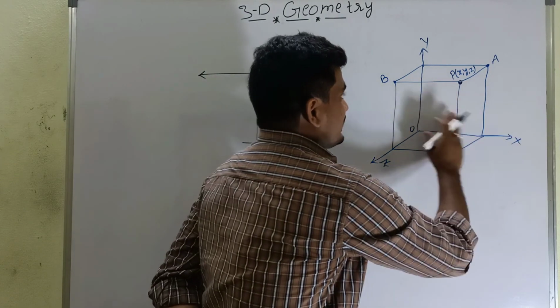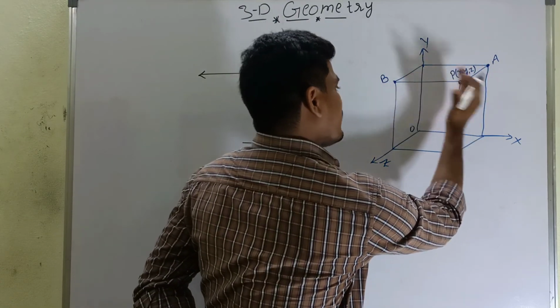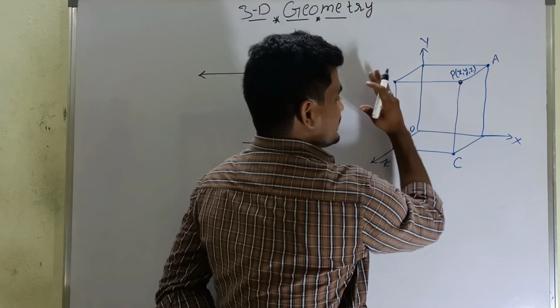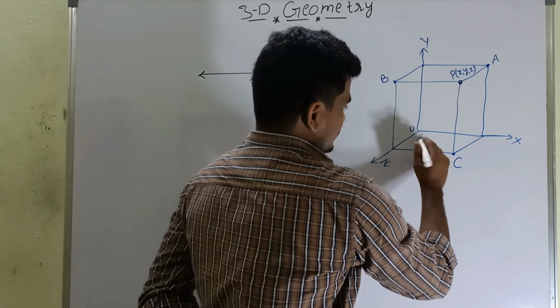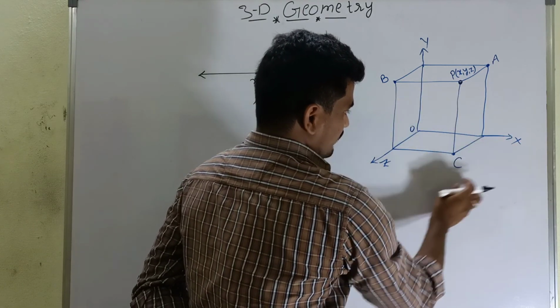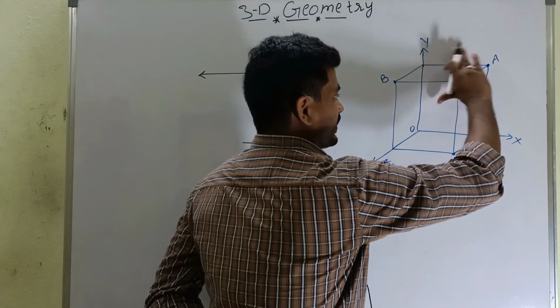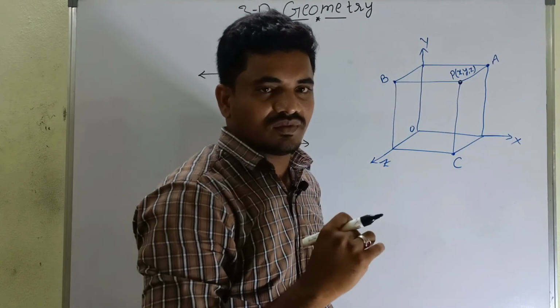Okay, the xy surface is perpendicular to the yz surface, and this yz surface is perpendicular to the xz surface. See, this is one surface, and this surface is perpendicular to the next surface along the OX axis.